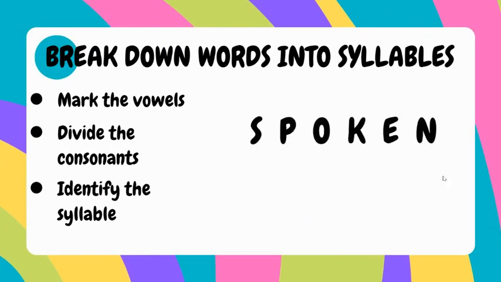And let's try spoken. Here we have our scholars identify the vowels, O, E. Then our scholars should separate the word. Well, we know in this situation, we have an open syllable, so they know to split it here between the O and the K. And then we have our vowel here and our consonant.